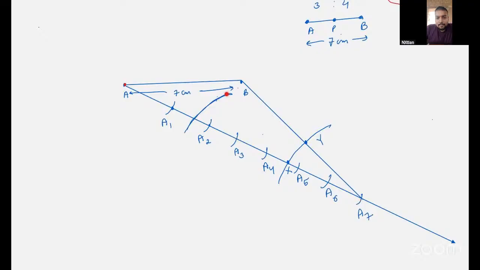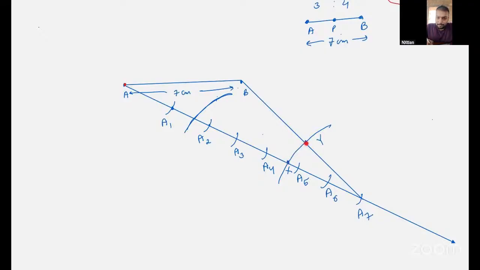Everyone done till here? Shall I move forward? Now you have to measure this x1. How will you measure xy? Put the tip of the compass on x, open till y. You can disturb the compass now.